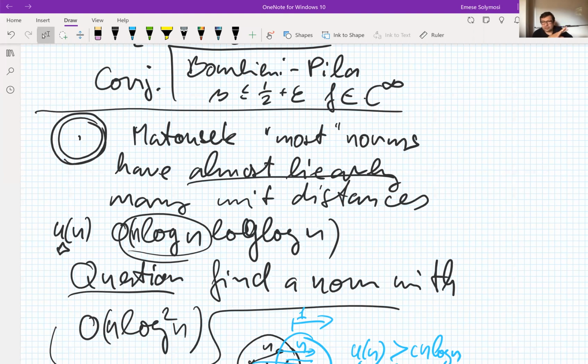So for most of the norms, this would be an accident that you go down, and you come back for many circles. But Jirka used more advanced tools from an earlier paper of his and his students. Yes, so here I expect that this log n might be eliminated.